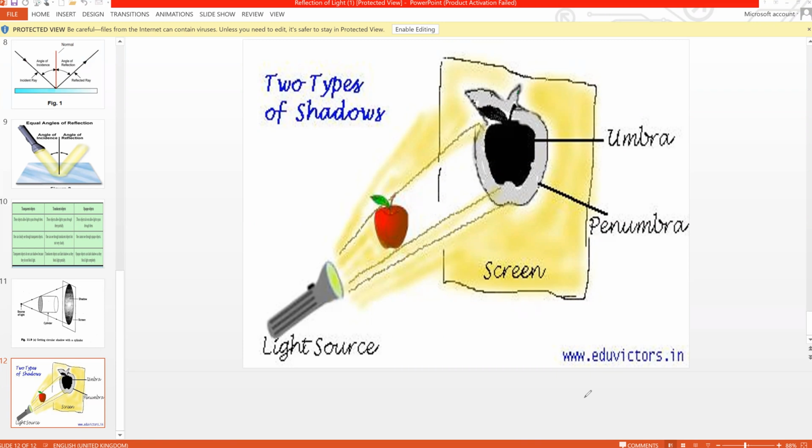Once again I'm repeating that point, please understand and write it down. When a beam of light shines on an opaque object, the light rays which reach the object are stopped, while those rays which pass by the edges continue on their path.